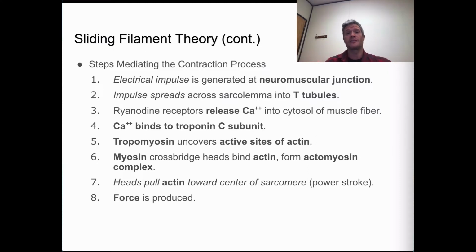So finally, after all this action potential, the signal that travels along the sarcolemma down the T-tubules into the sarcoplasmic reticulum, releases calcium, which then binds to the troponin subunit, which moves tropomyosin, which exposes the active sites on actin. Remember, actin has active sites. The myosin binds to it. So we finally have our thick and thin filaments connecting.